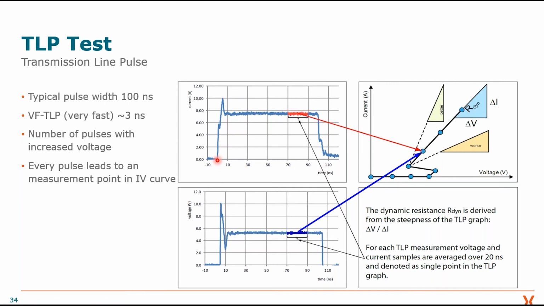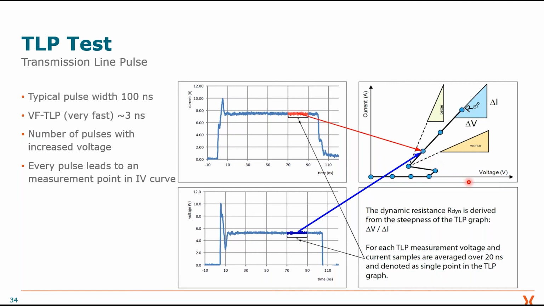As we said previously, we are measuring the current over the diode and also the voltage over the diode. We look at the time window between 70 and 90 nanoseconds, and we do averaging in this time window for current and voltage. These average values are placed here on the IV diagram.